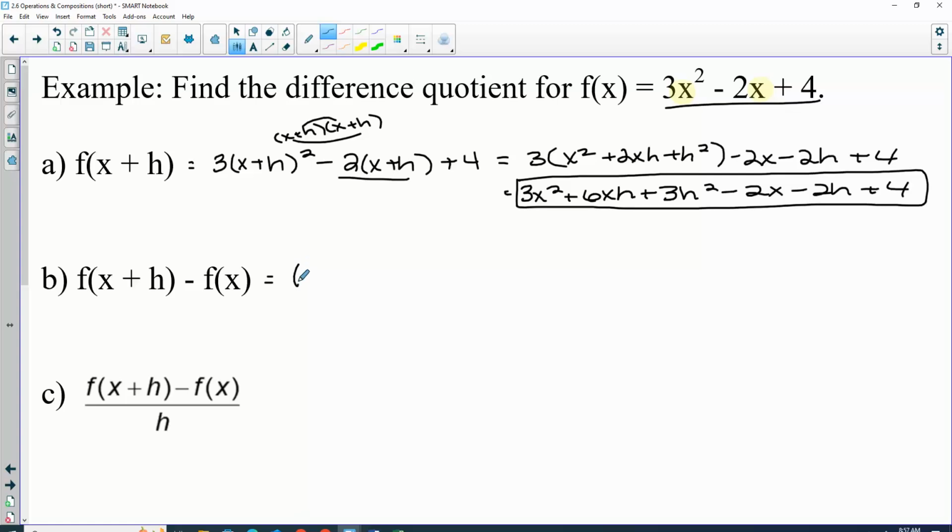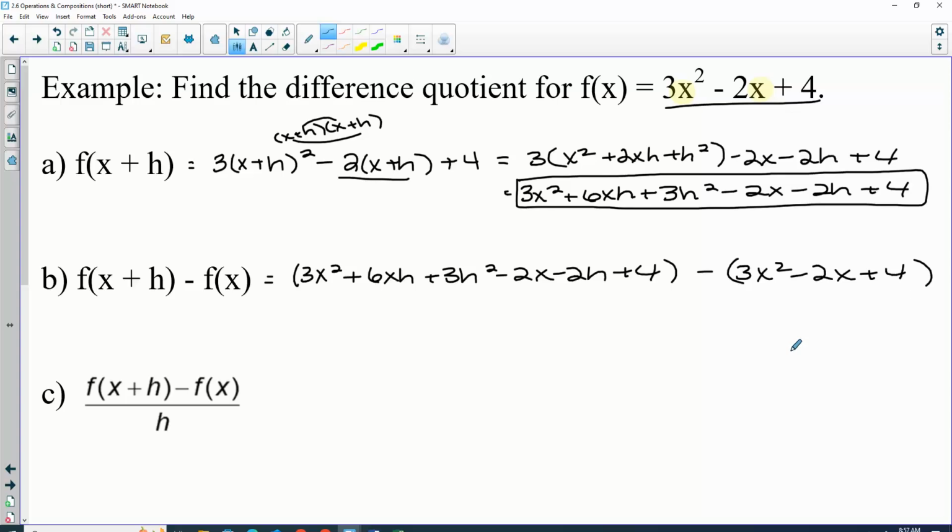So we take the answer we just got out, and we subtract the original function. We need to distribute our negative.